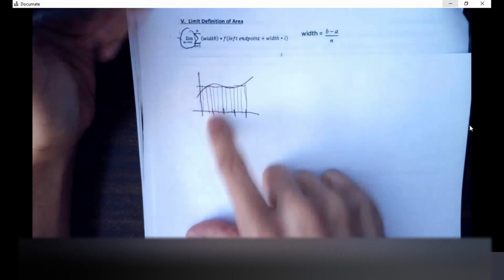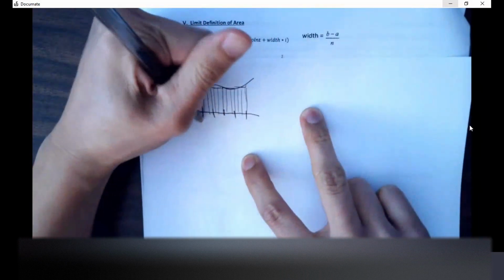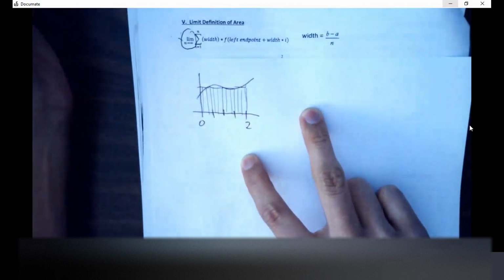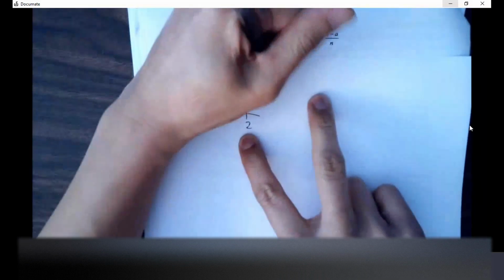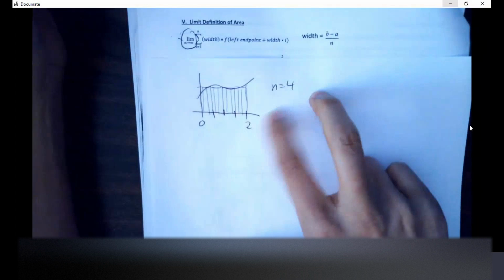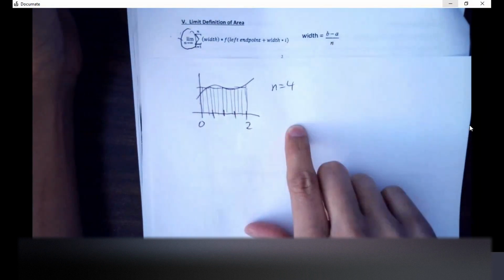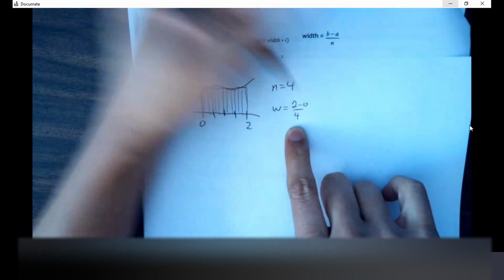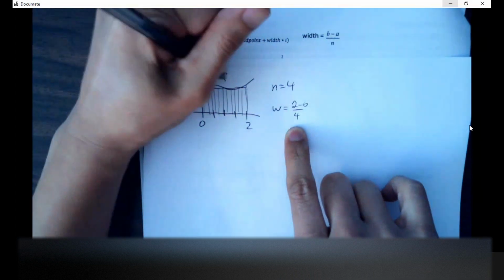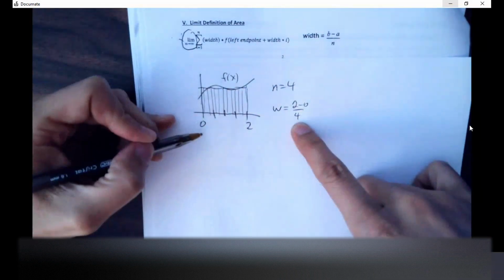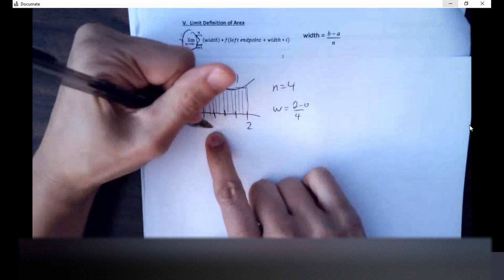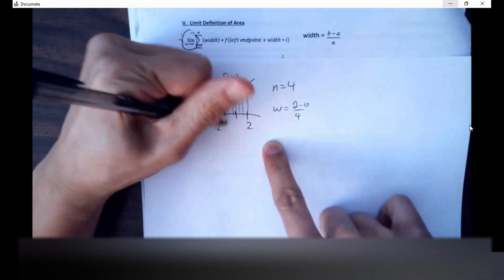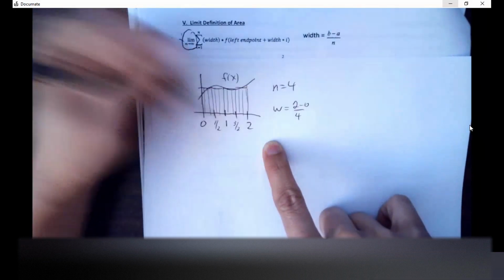Let me show you why this formula is the way that it is. Let's say we're going from 0 to 2, and I wanted 4 intervals. Then you would do b minus a over n, which is 2 minus 0 over 4, and you would find the width yourself. You would say 0 plus 1/2 is 1/2, plus 1/2 is 1, plus 1/2 is 3/2.